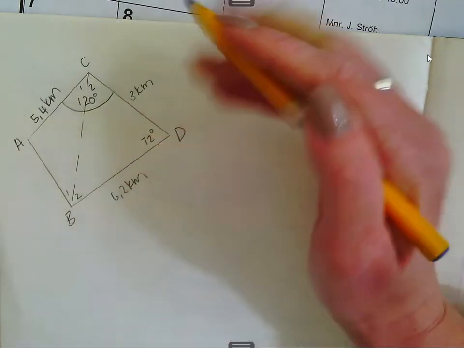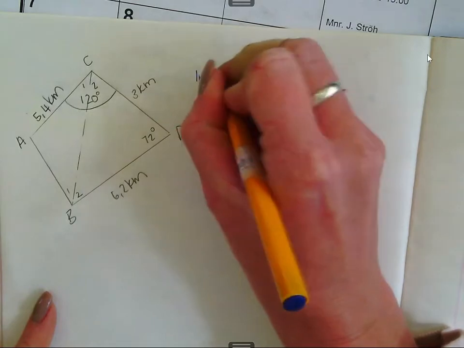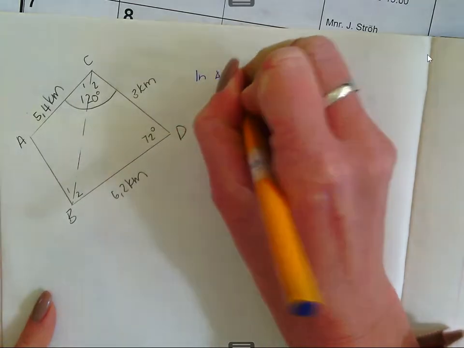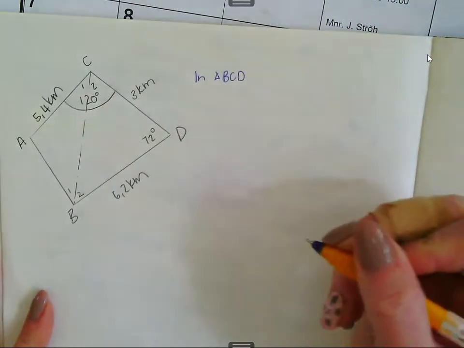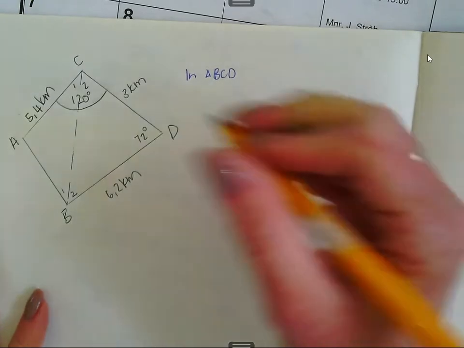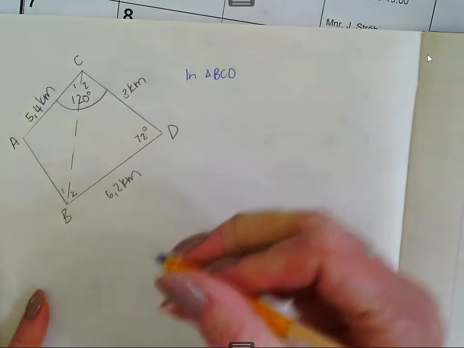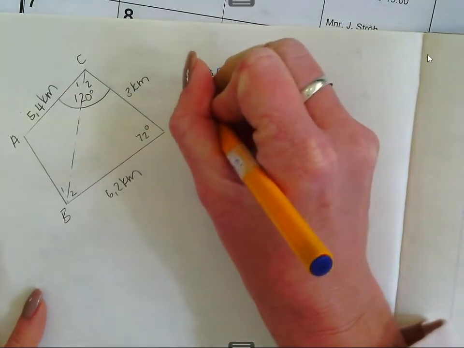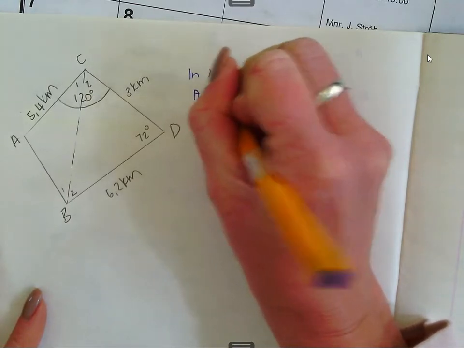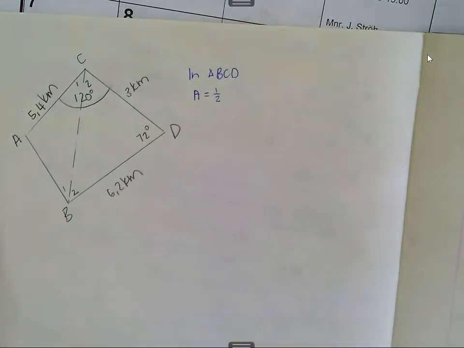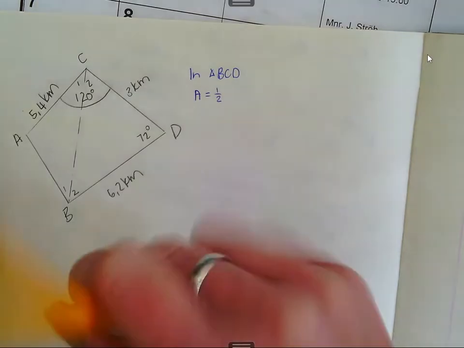In the right-hand triangle, so in triangle BCD, I can calculate the area immediately because I have 2 sides and an included angle. So it's going to be A equal to a half. Now remember, you can also split it if it's easier for you.